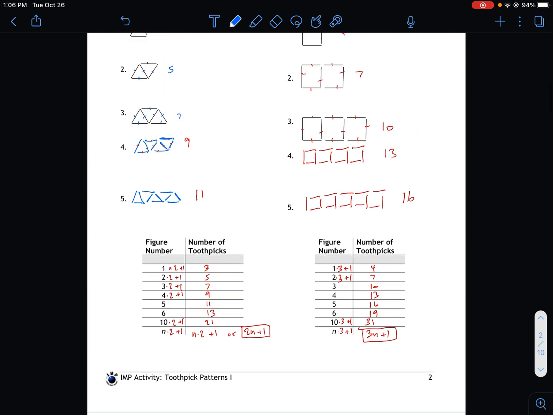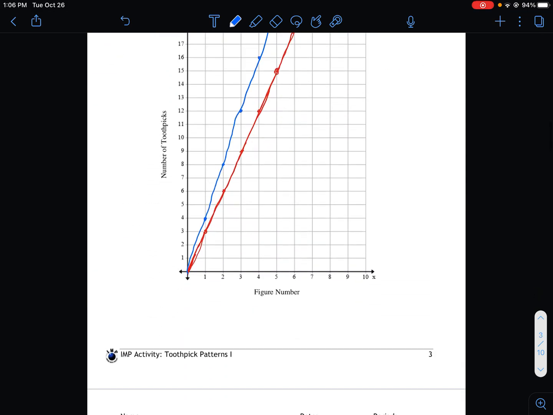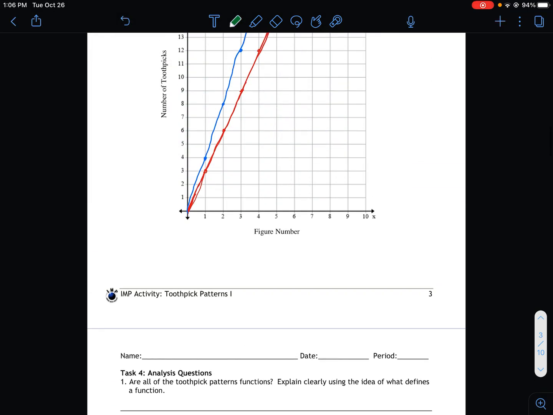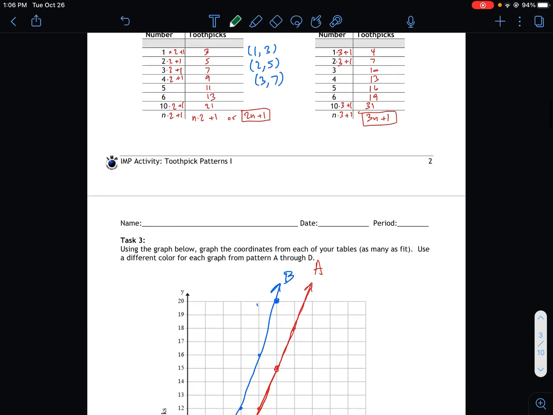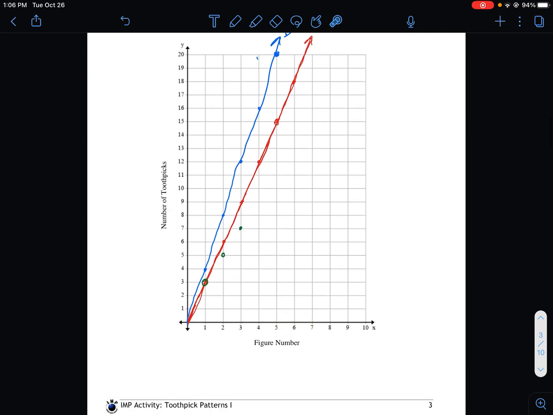With C, I've got 1, 3, 2, 5, 3, 7. Start off at 1 and 3, which actually overlaps. 2, 5, 3, 7. And if you remember, I'm adding 2 toothpicks each time, every time I go up another figure. So I can just do it that way.